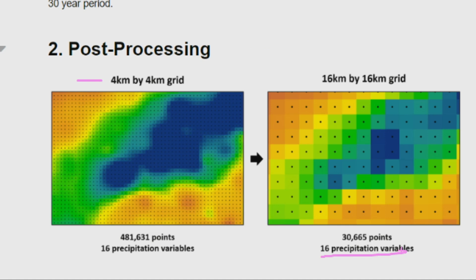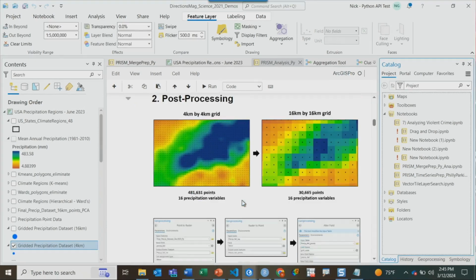And the purpose here is to remove some of the noise that could occur at a very granular level and generalize to a more coarse level, which is going to benefit me later on in my process. But this is what I need to do, go from 4 kilometers to 16 and maintain all of my precipitation variables.